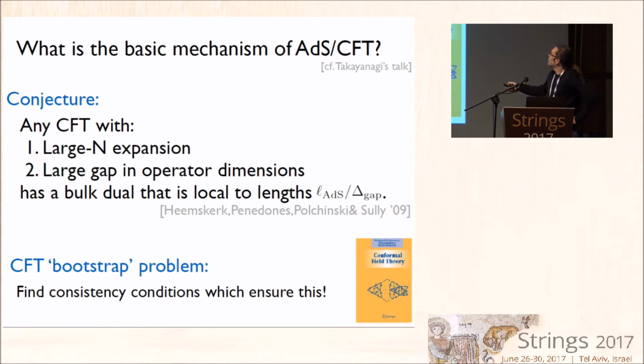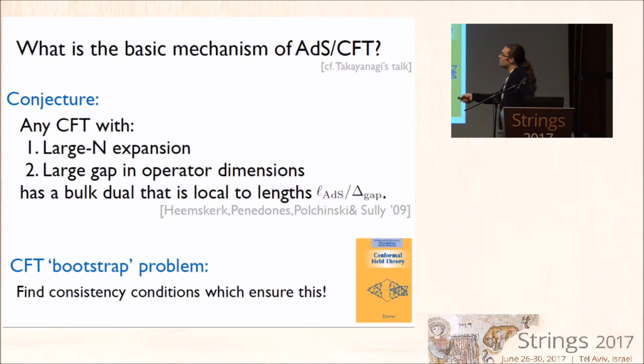And so what these people did is that they looked at all CFTs with classical AdS duals. They identified common features, and they gave evidence that any CFT with these properties will need to have a consistent bulk dual.